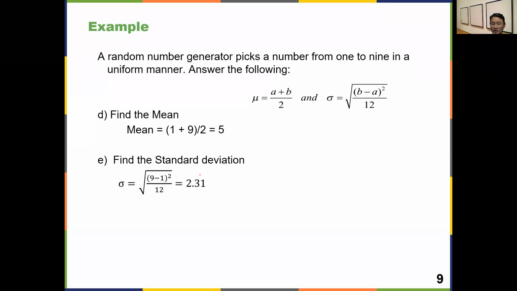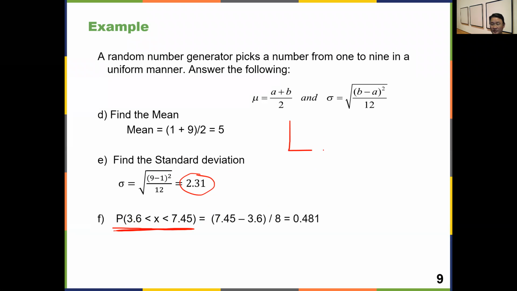All right, so we got this number from the calculator. Now, the next question says, find the probability between 3.6 and 7.45. Remember this graph right here between 1 and 9, and this height right here is going to be 1 over 8.